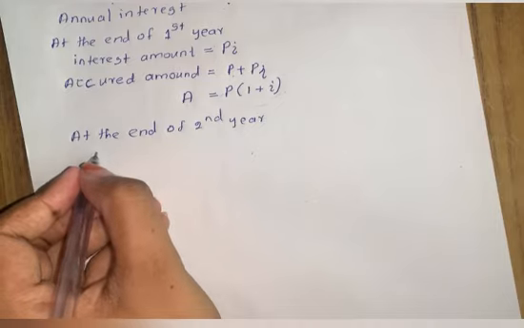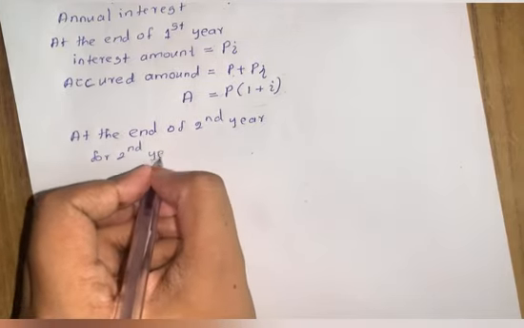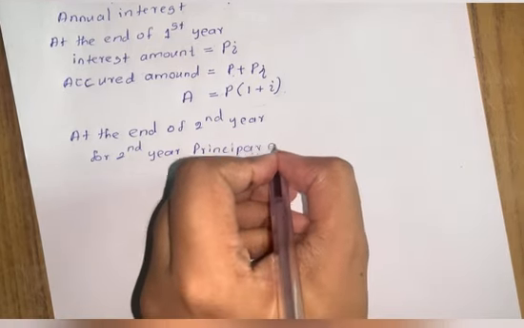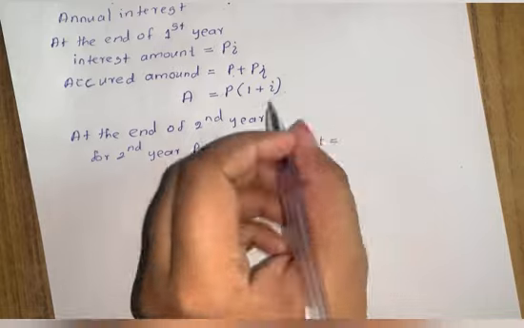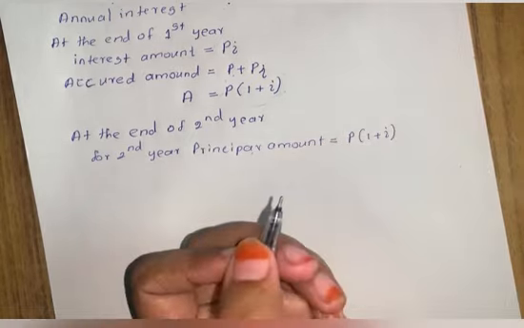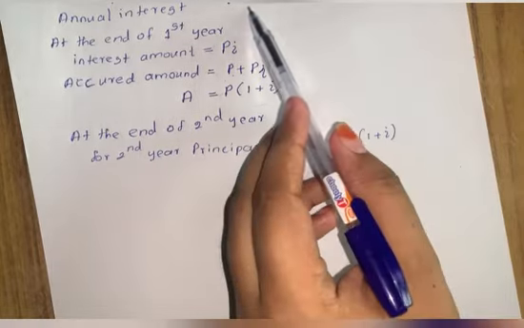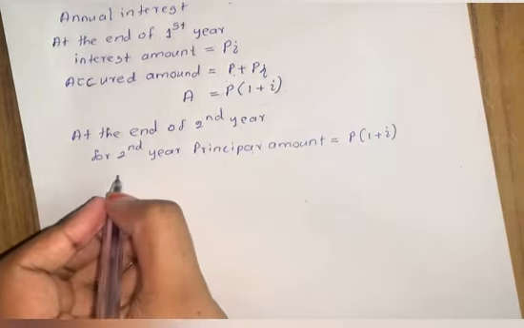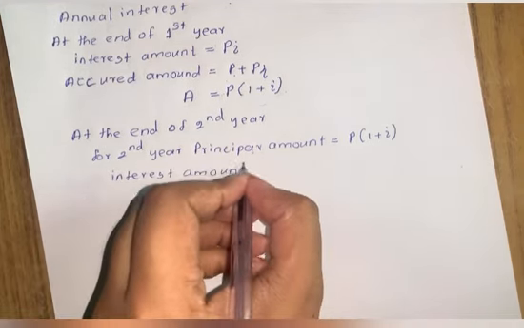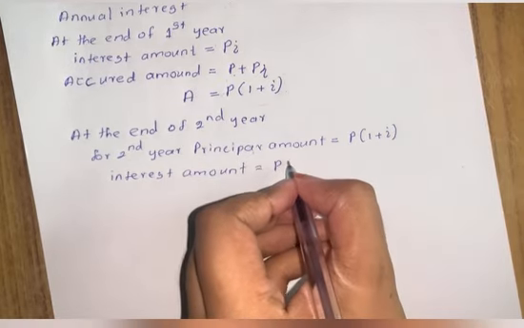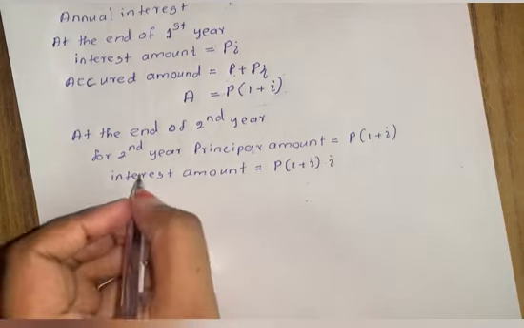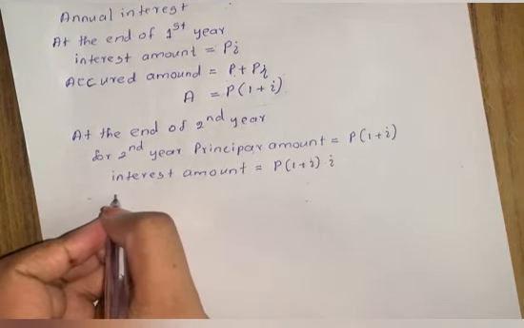This A will be our principal amount, P into 1 plus I. We know how to calculate the interest. The annual interest amount will be P into 1 plus I into I, because the annual interest won't change yearly.